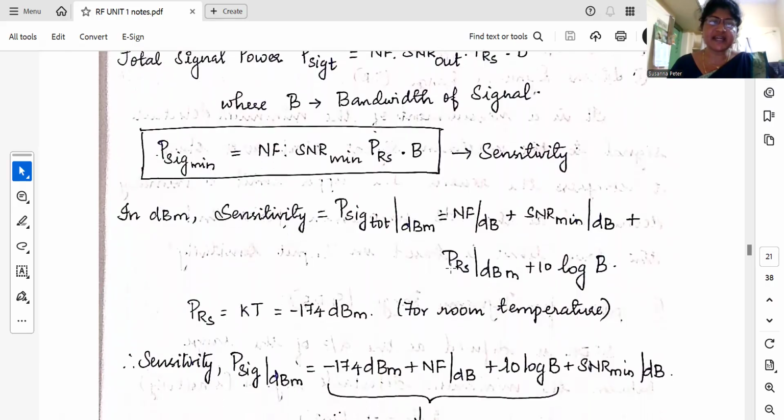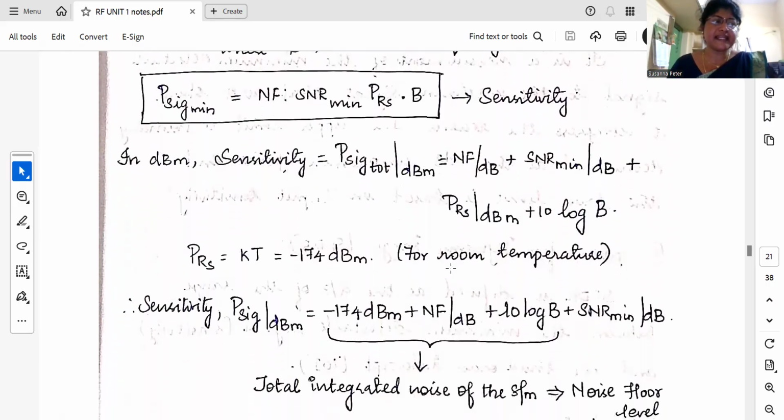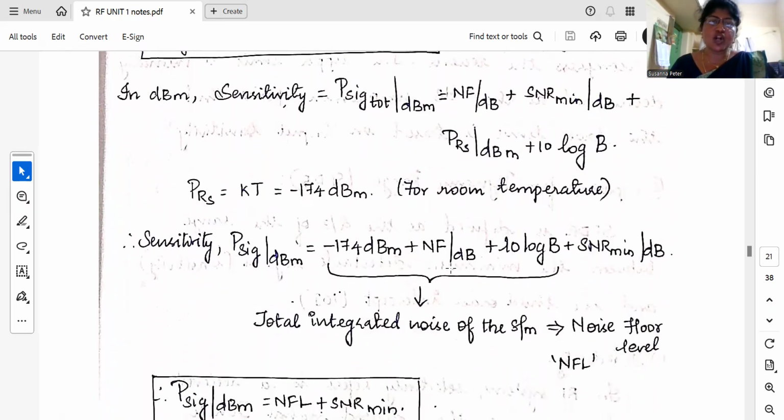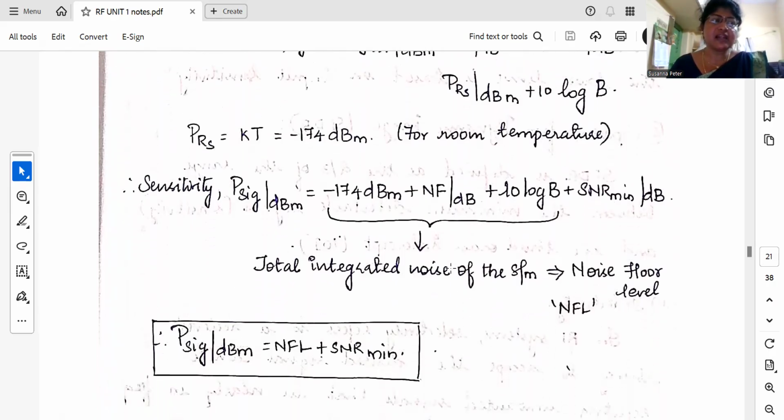Sensitivity is given by minus 174 plus 10 log B plus NF in dB plus SNR min. So what is minus 174? It is the thermal noise floor in dBm per hertz at room temperature, 290 Kelvin.